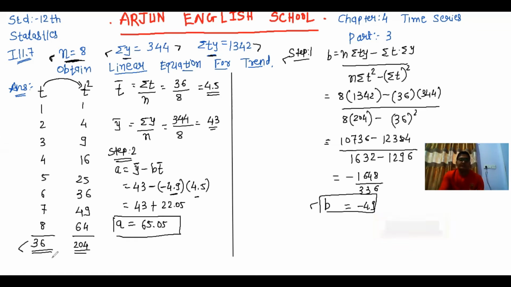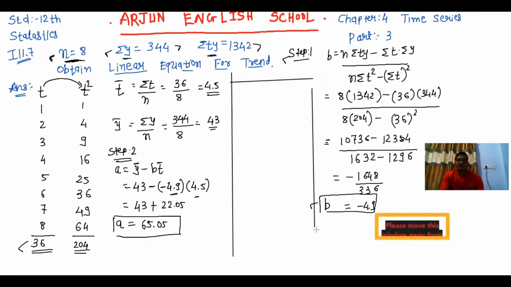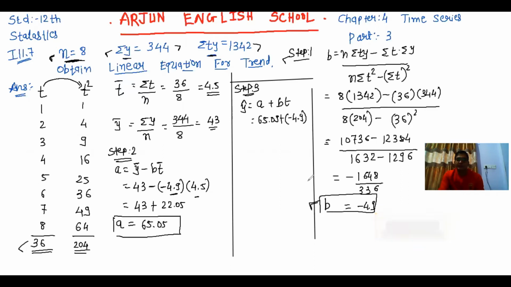And last step, step number 3: y cap is equal to a plus bt. The value of a is 65.05, b is minus 4.9, and t remains as it is.